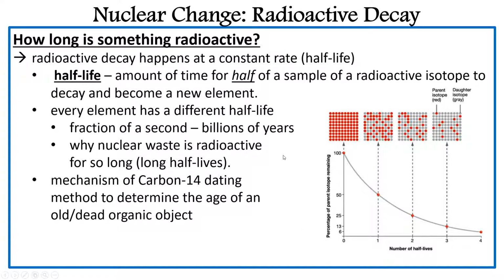Every element has a different half-life, and those can range from a fraction of a second, where it can happen really, really fast, all the way to billions of years. Each element is different. Half-life is why nuclear waste is radioactive for so long, because the products of nuclear waste that you get from fission or fusion, most likely fission, go through radioactive decay and have really long half-lives.